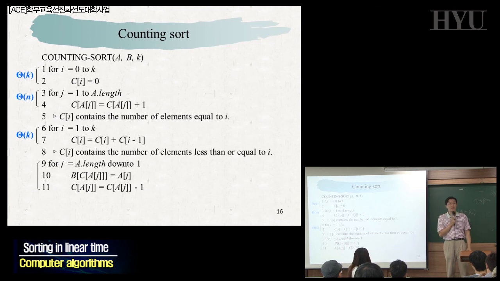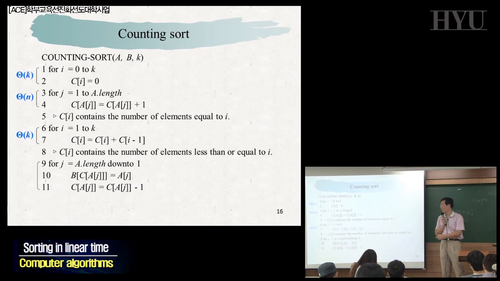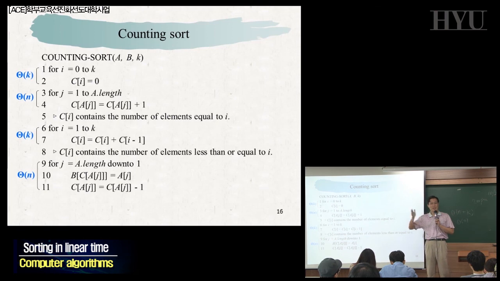And then what is the running time of these 3 lines? Theta of n. Yes, we scan the input array backward once. So its running time is theta of n.